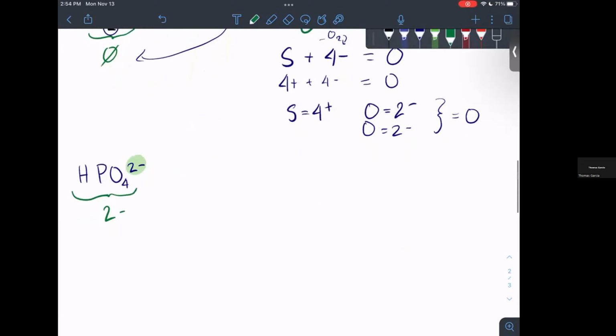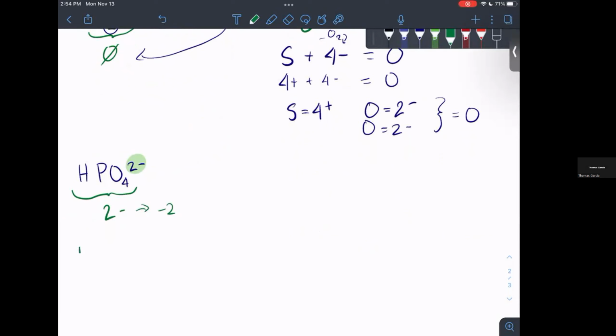When I do these equations, I prefer to change 2 minus into -2. So I'm looking at it in terms of math instead of chemistry. So I know my charge of my H plus my charge of my P plus my charge of my 4 oxygens is going to equal a -2 charge.